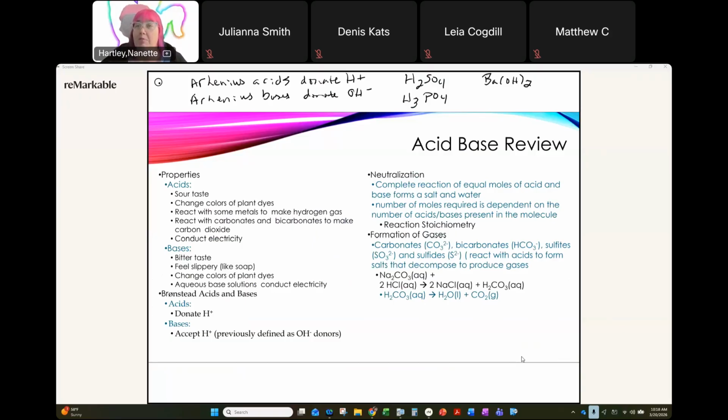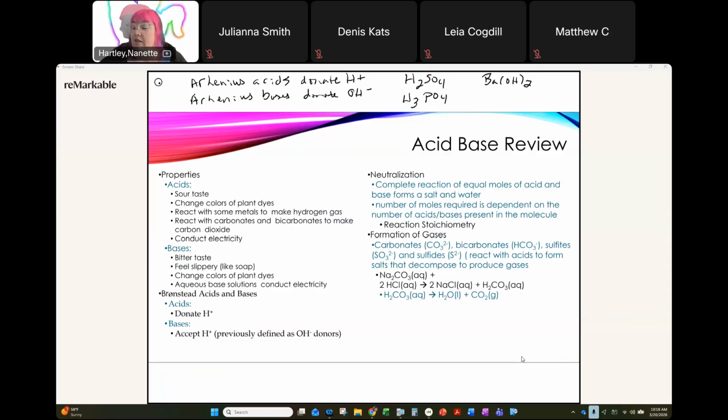Okay, so that's important. Now again, we can get formation of gases. Carbonates, bicarbonates, sulfates, sulfides, all of that stuff produce gases. And what really happens is we form something like Na2CO3, which is sodium carbonate, and then that decomposes to give us CO2. So that is something that we see from that. The expectation is not that you can balance an equation like that. That was something I was tortured with. I don't think it's necessary to make you do that.